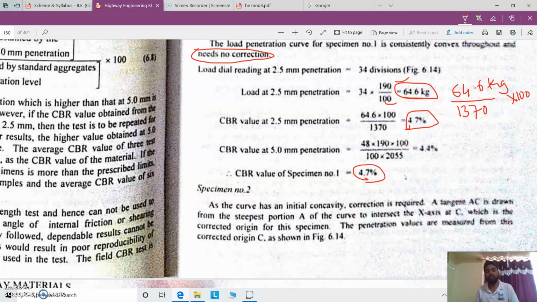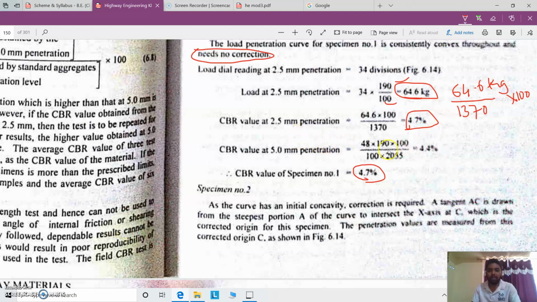So once we get the values for 2.5 mm penetration and 5 mm penetration, we need to consider the value of 2.5 mm penetration, and this CBR will be considered for 2.5 mm penetration only.